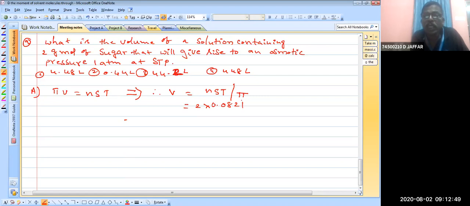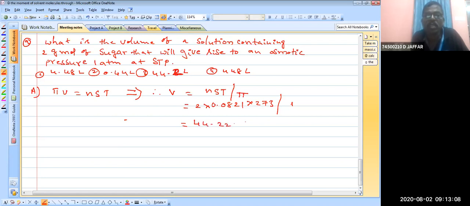Then STP condition is mentioned, that's why temperature is 273, divided by π which is given as 1.